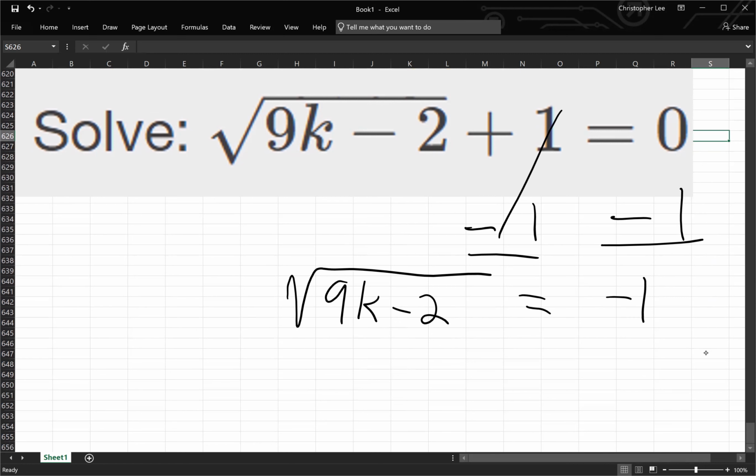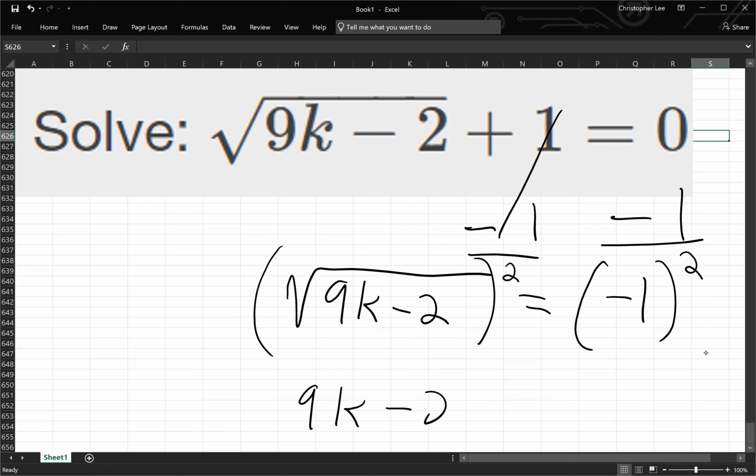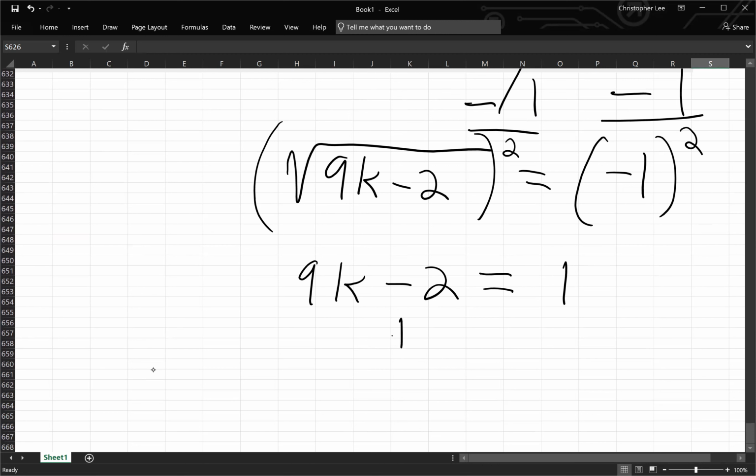What's next? We gotta square both sides, right? What we do to one side, we do to the other. So what do I have? 9k minus 2 equals +1. Good. And what do I do after that? Exactly. +2.